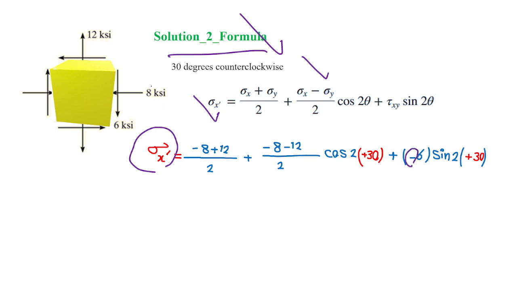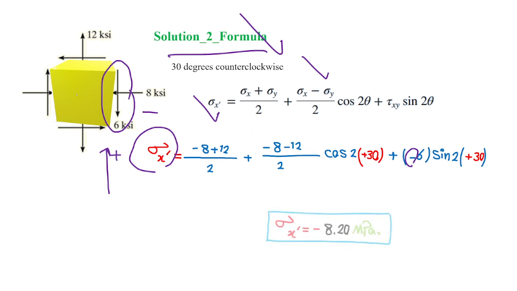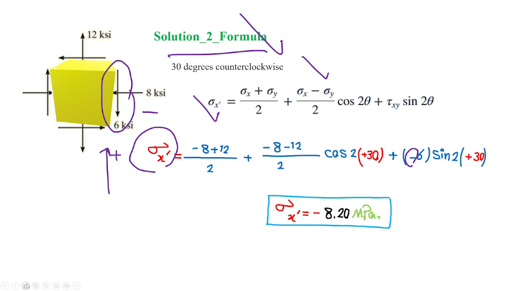If you're using the formula, downward is negative and upward is positive, like positive and negative y direction, and also counterclockwise, like what we had here, that's positive, and that's why we just consider it in the formula.